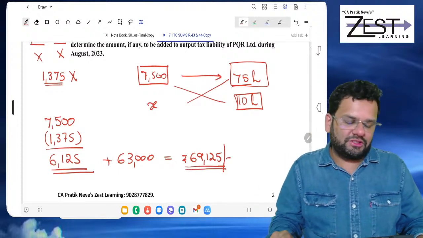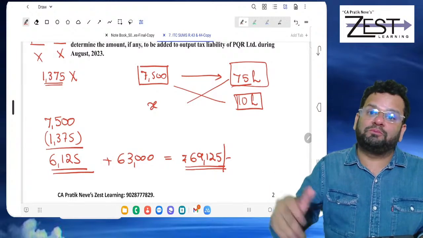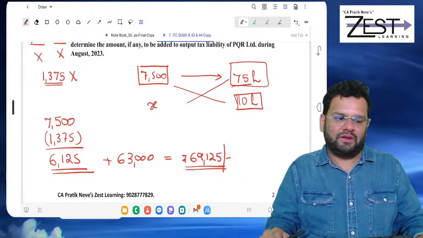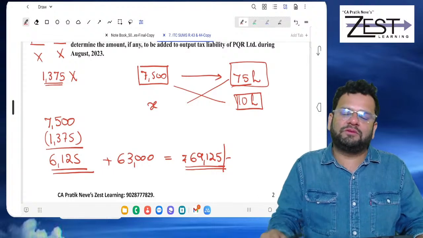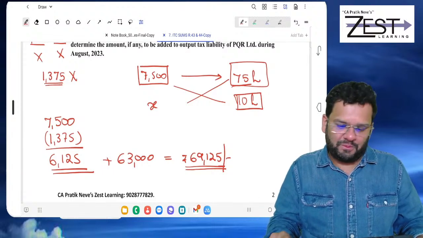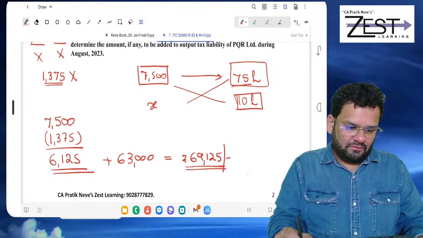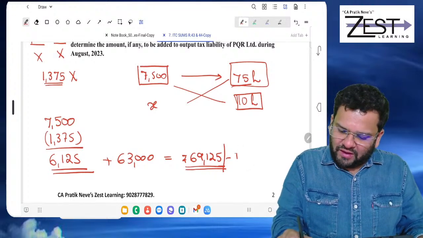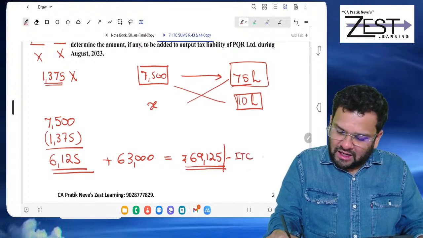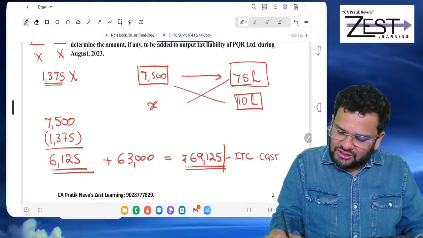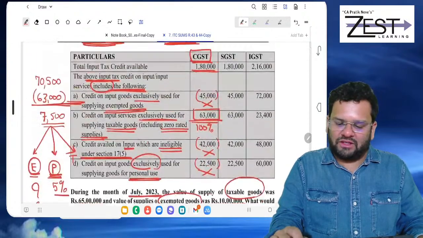Yes, Mahalakshmi ji. For exempted, it was on proportional basis. I think that you are confirming with me in the chat window. So 69,125 will be ITC allowed of CGST and SGST each, because the figures are same.